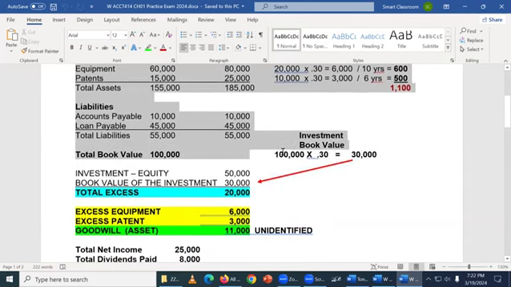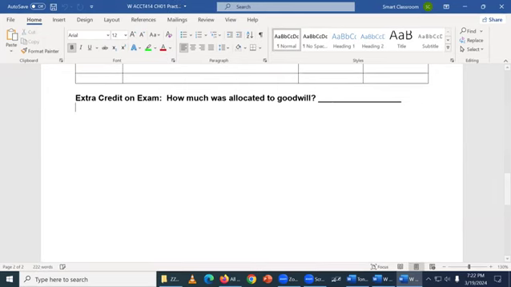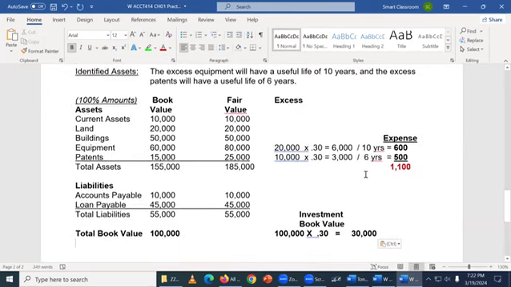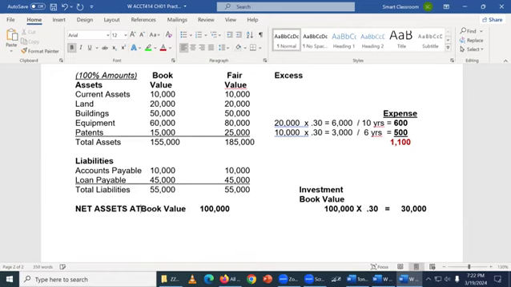I do want to make sure that this is done the way we did the other one. I'm going to do this again and do it exactly like it is on that other one. So if we took the net assets at fair value, it would have been what I had in the first place, the 130.